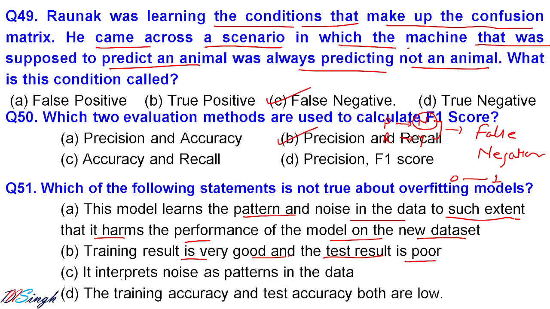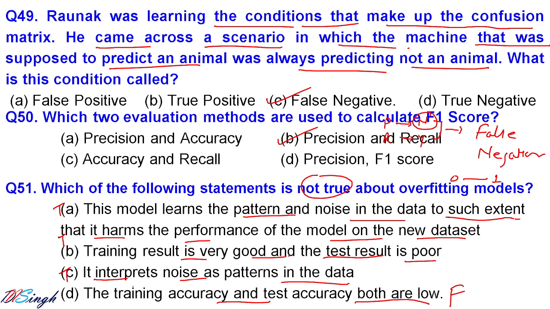No, it interprets noise as pattern in the data. Training accuracy and test accuracy both are low. This is incorrect, not true, we need to say. Okay, so they all are true. This is true. This is also true. This is also true. But this last one is what?